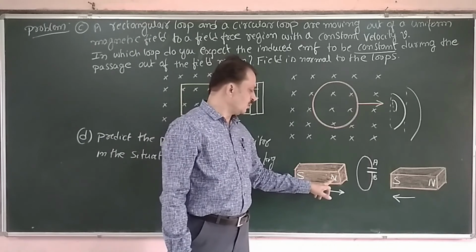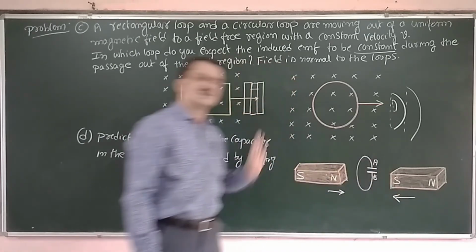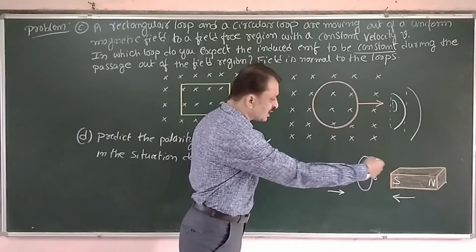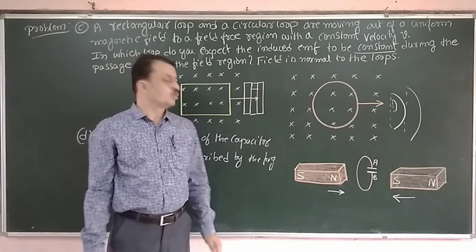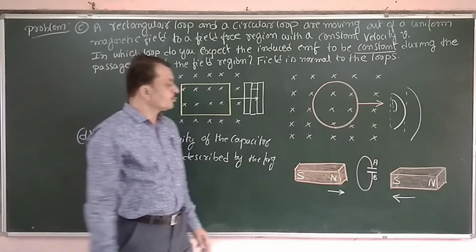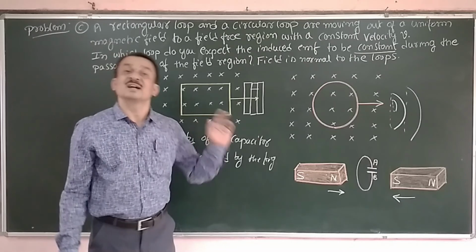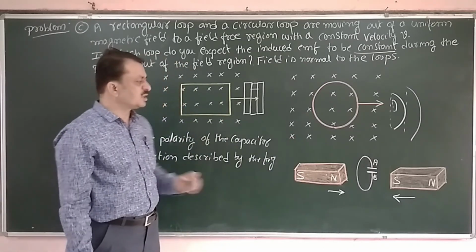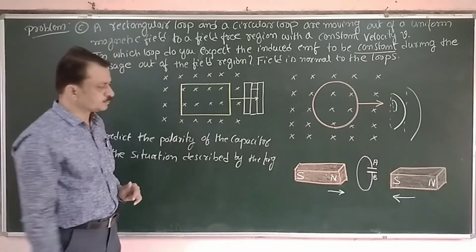One magnet's north pole is facing and another magnet's south pole is facing. The two bar magnets are moving towards the loop. Then obviously the current is induced and that current is going to charge the capacitor. Then what is the polarity of the capacitor? That we will work out.